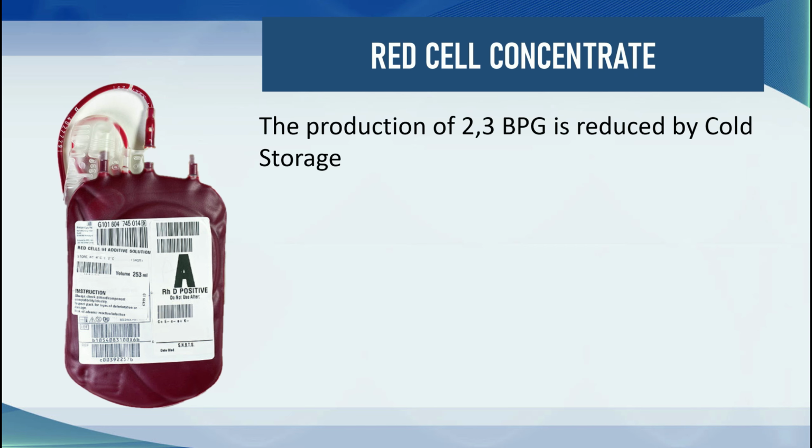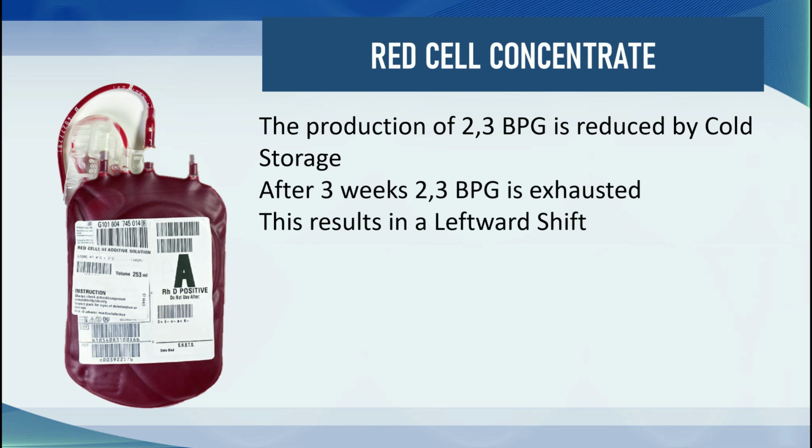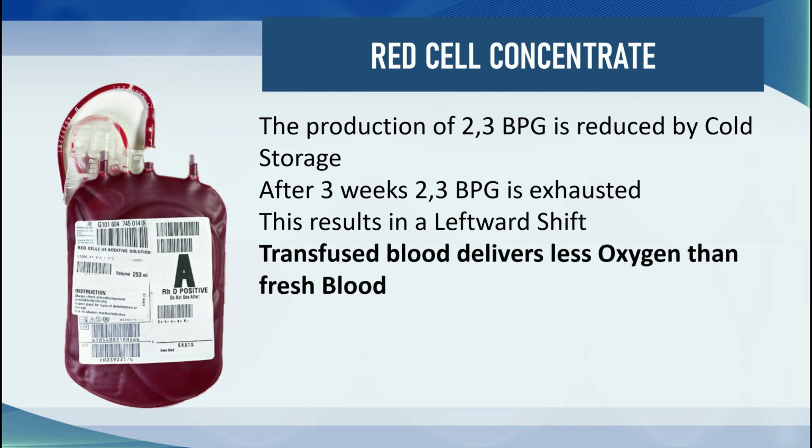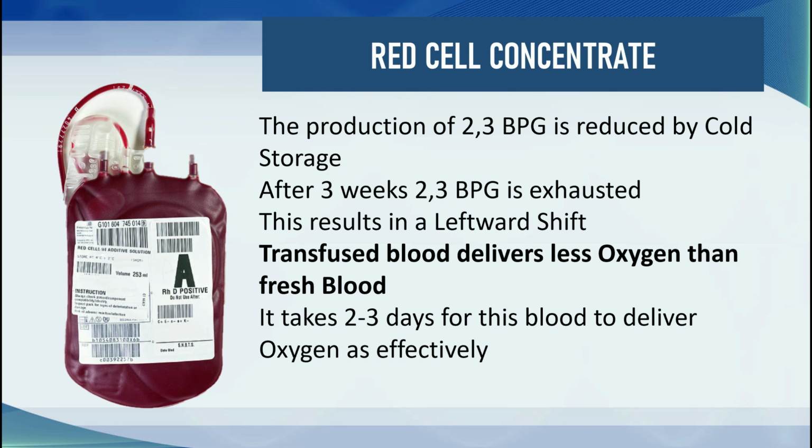The production of 2,3-BPG is reduced by cold storage, and due to metabolic activity, after about 3 weeks, there is no 2,3-BPG left, and there is a leftward shift in the oxyhemoglobin dissociation curve of this stored blood. As a consequence, transfused blood delivers less oxygen to the tissues than fresh blood. It takes 2 or 3 days for this blood to deliver oxygen as effectively as one's own blood.